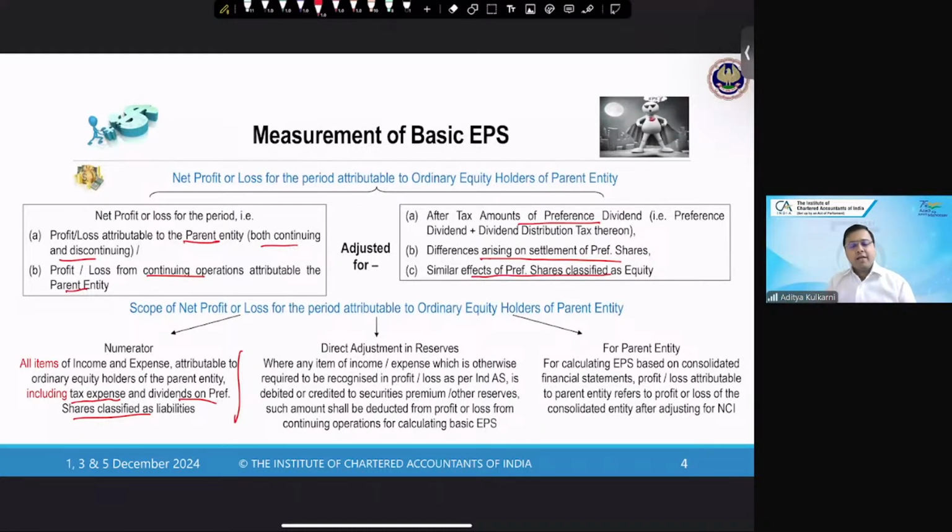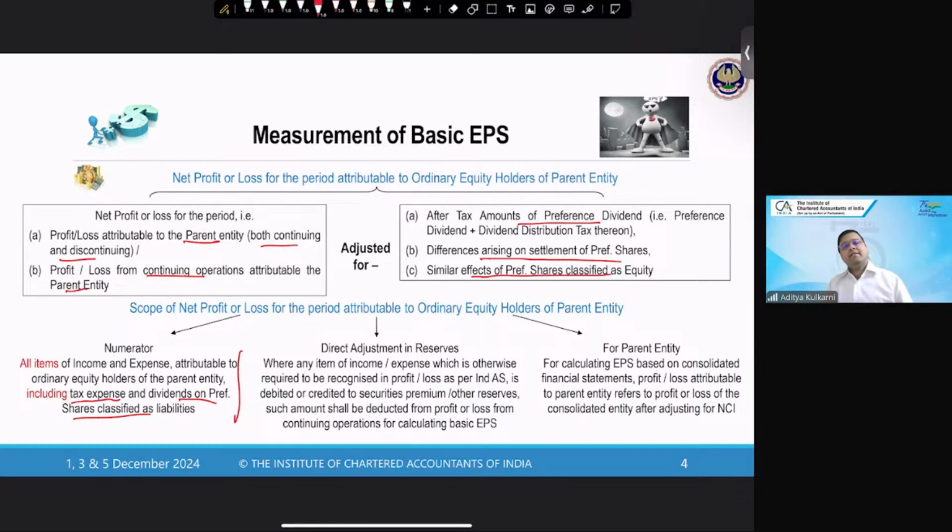So therefore, when you study your financial instruments chapter, the first thing will be financial assets and financial liabilities definition. In the definition of financial liabilities, it comes as any instrument where you have an obligation to deliver cash. And because of that reason, redeemable preference shares, mandatorily redeemable preference shares, will not be categorized under the heading of shareholders' funds.